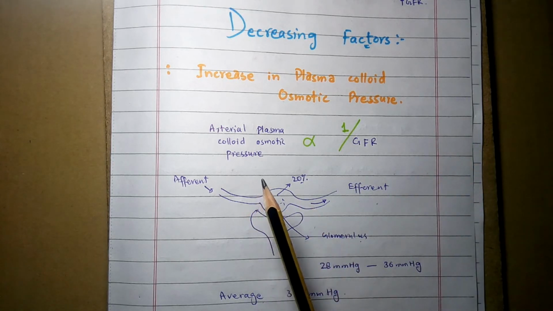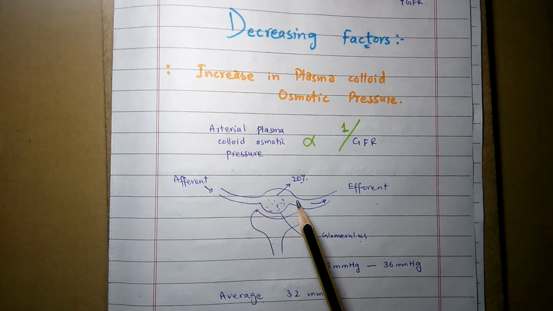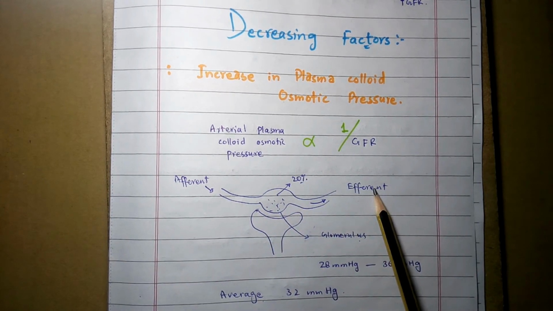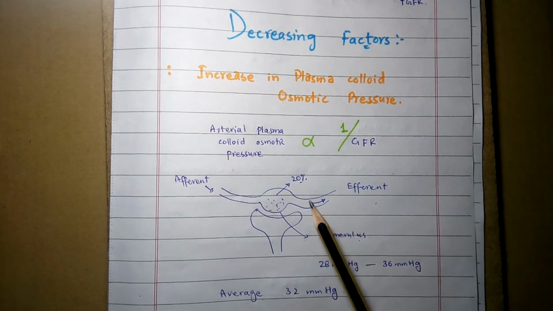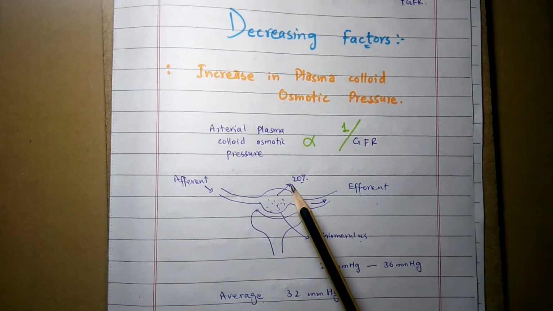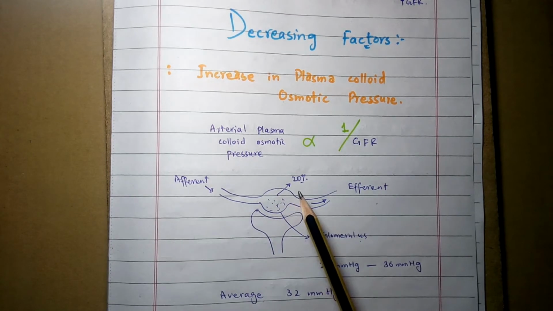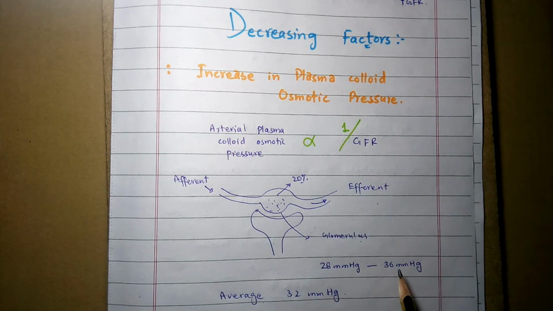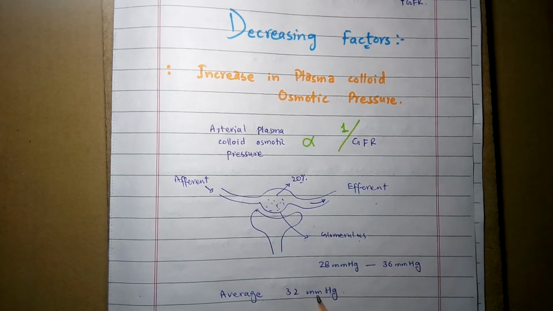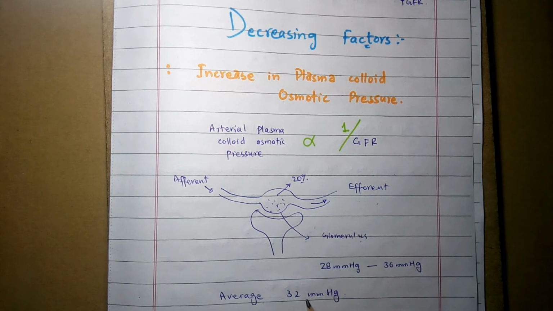As the blood passes from the afferent arteriole through the glomerular capillaries to the efferent arteriole, the plasma protein concentration increases about 20%. This increases the colloid osmotic pressure from about 28 to 36 mm of mercury. Therefore, the average colloid osmotic pressure of the glomerular capillary plasma proteins is about 32 mm of mercury. So an increase in this osmotic pressure increases the filtration fraction, which tends to reduce the GFR.